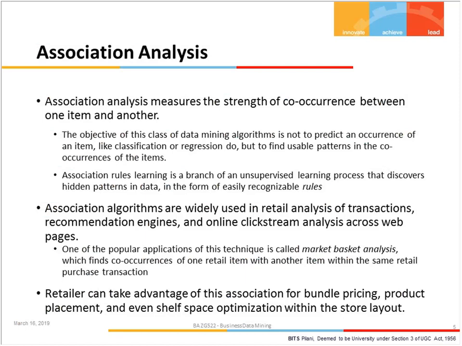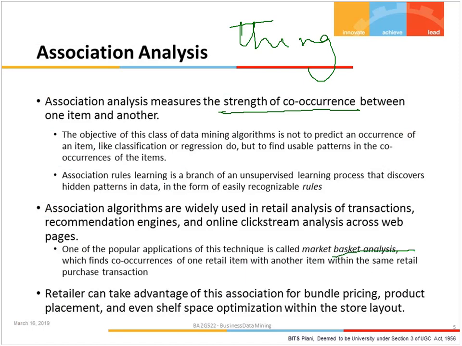It is a strength of co-occurrence between one item and another. If you want to generalize it, you may say one thing to another thing. But if you look at it very simply, the classic association problem is market basket analysis.